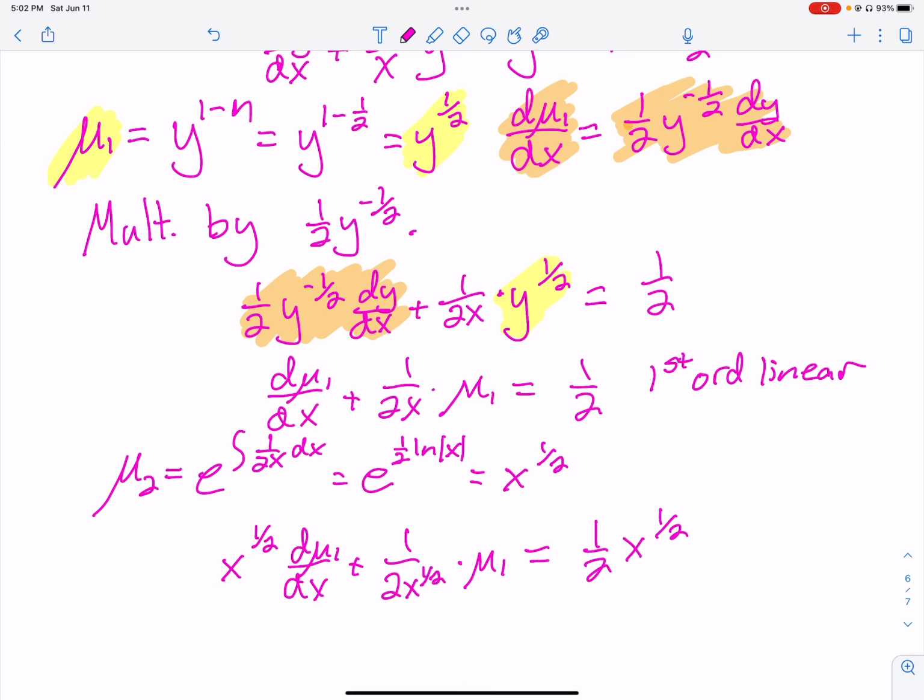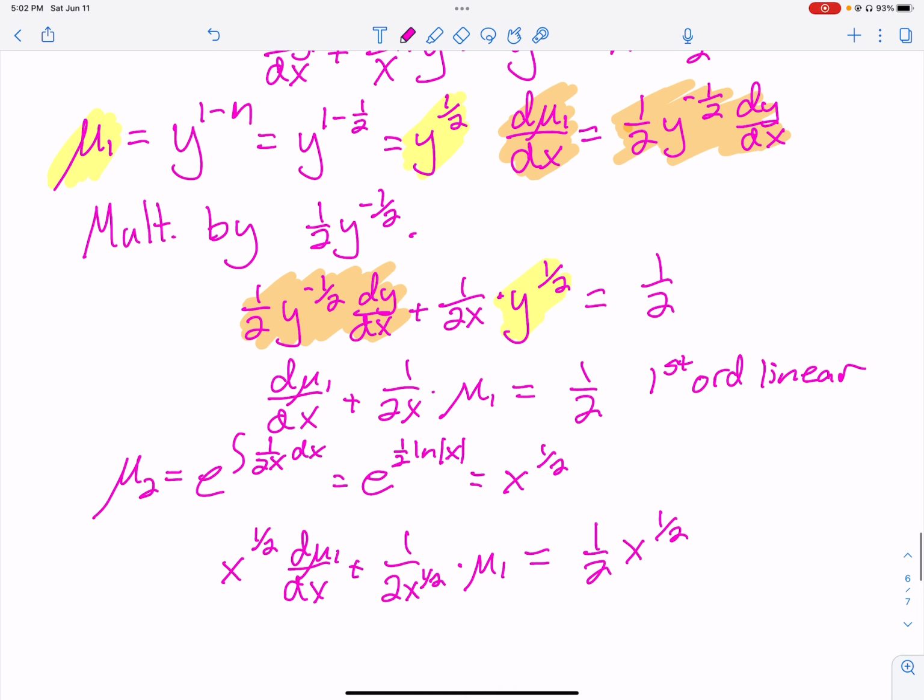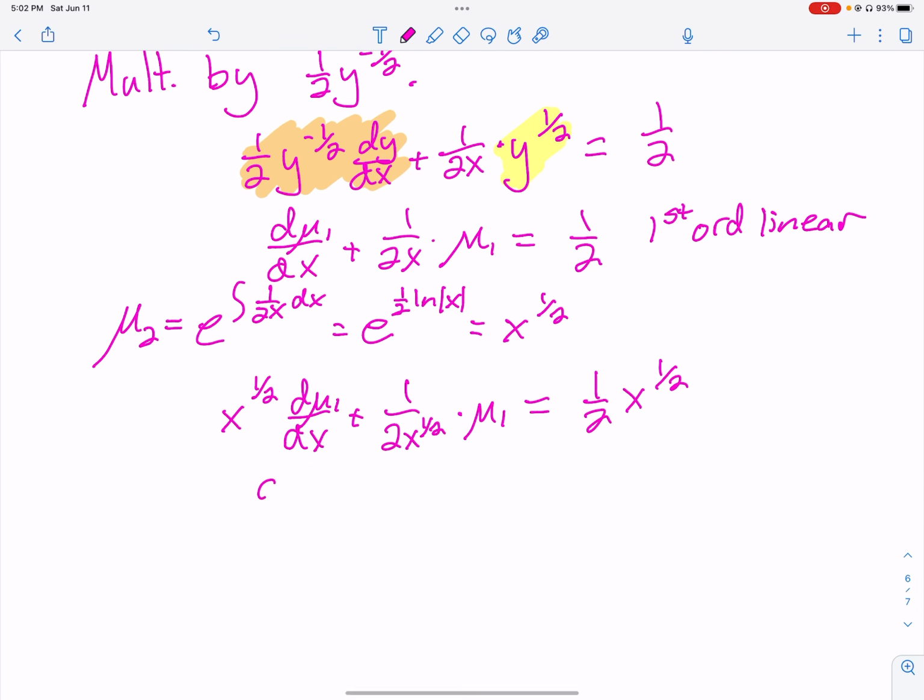Be careful. I have a habit of forgetting to multiply by that on the side. So be careful not to do that. It's very frustrating. So by the theory of, and we should double check, this should work out to be the integrating factor times the independent variable. Should you check the product rule there? It does check out. The right-hand side I did not touch.